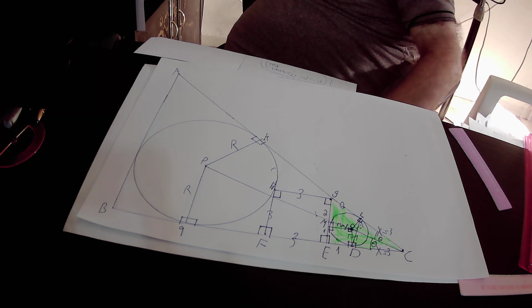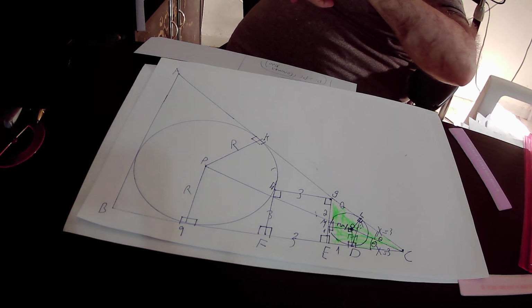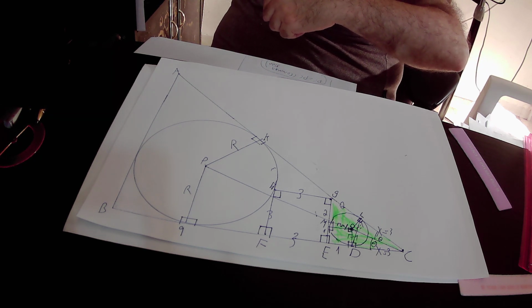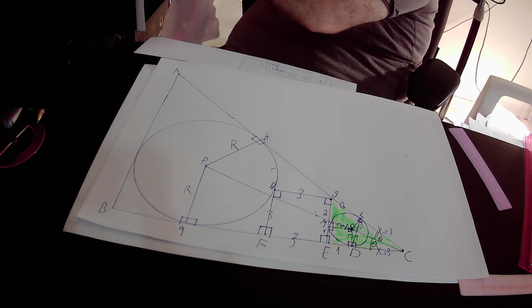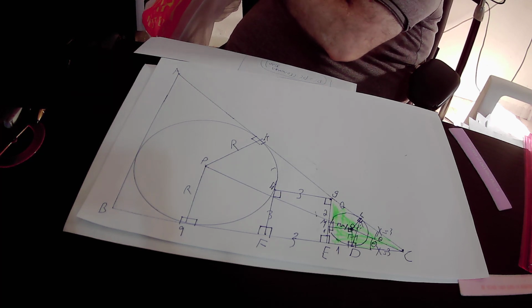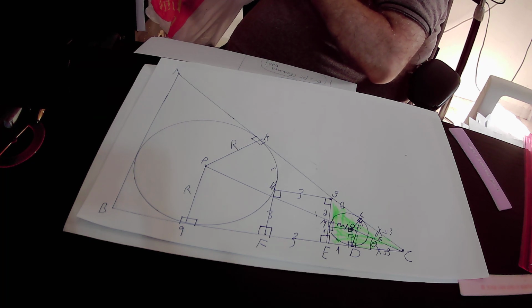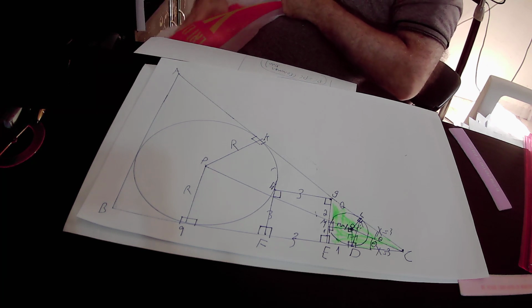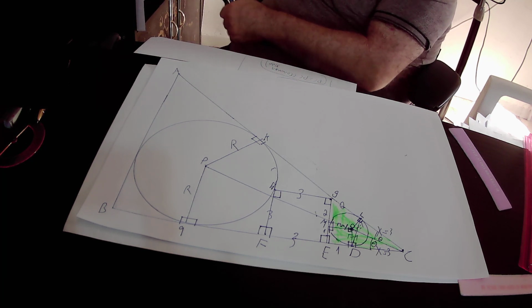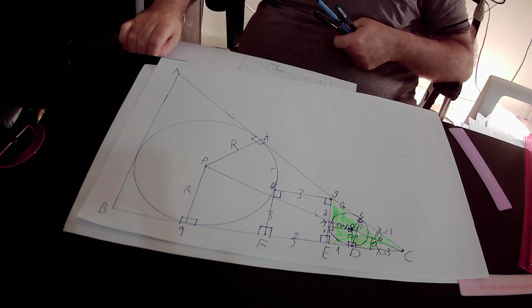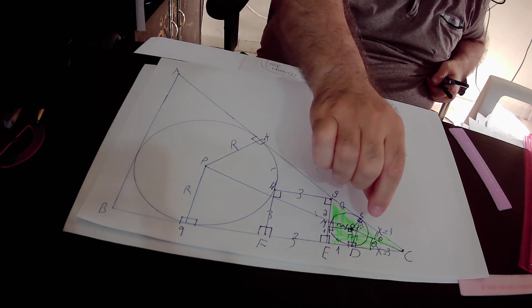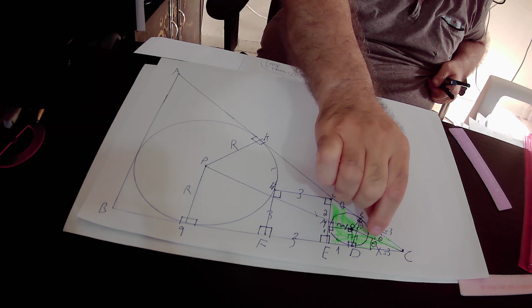Those two big right triangles can go into each other, therefore, repeat again, those two corresponding angles must also be equal to each other.